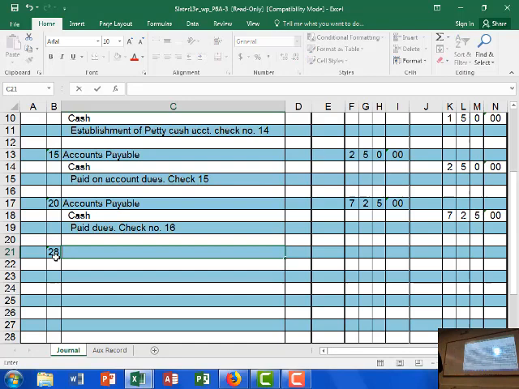Paid Jeff Kloon for office equipment. Now they give you a lot of information, Jeff Kloon. But remember, because you're setting it up into your accounting general ledgers, you don't have a ledger for Jeff Kloon. You bought office equipment from him, but you're going to set up the asset for office equipment. So you're going to put it in office equipment, and then you're going to pay cash. Check number 17.